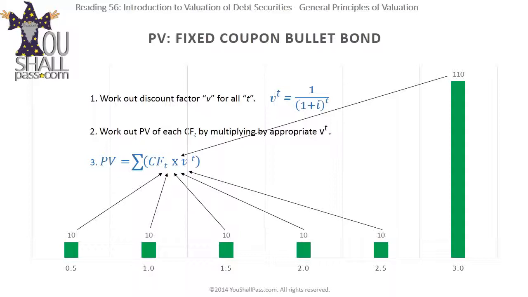For fixed coupon bonds, which pay coupons at regular intervals, the valuation process doesn't change much. It's pretty much the same as that for a zero coupon bond, just that the discounting process is repeated for each time there's a cash flow. You work out your cash flows and when they occur, which basically means that you work out how much and when your coupons are going to be, and how much and when your principal is going to be repaid.